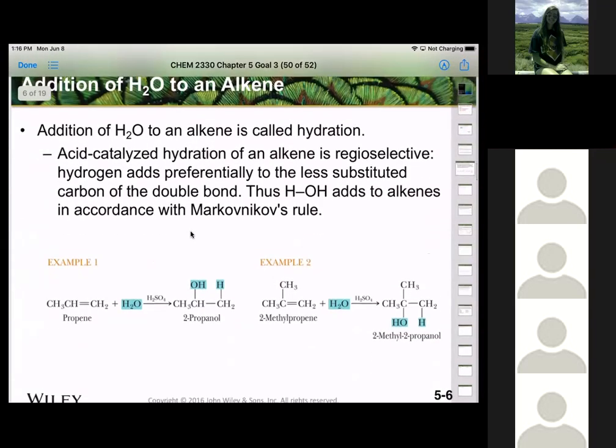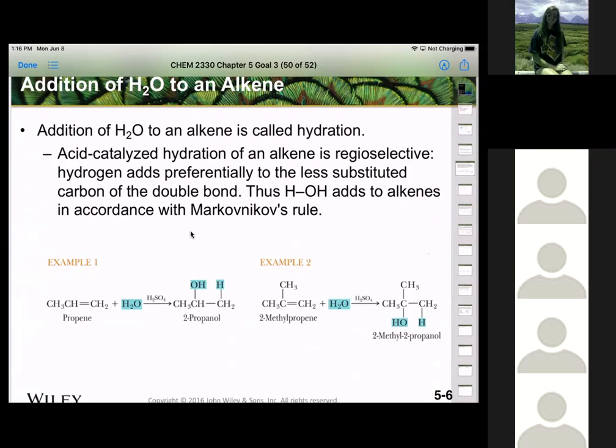The same thing happens in water, except instead of having a halide end up on your carbon, you have an OH end up on your carbon. Okay, so instead of adding, think of it as a proton and a chlorine across the double bond. You're adding a proton and an OH. So it's almost identical, except we have a different starting material.